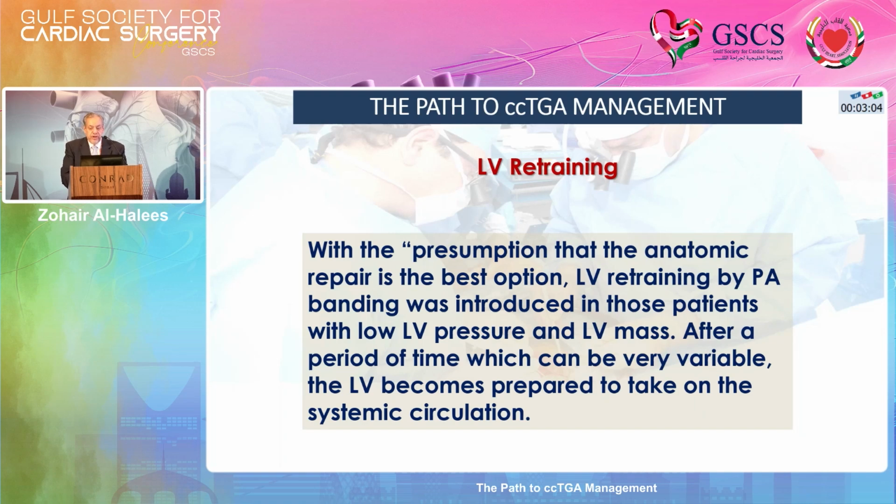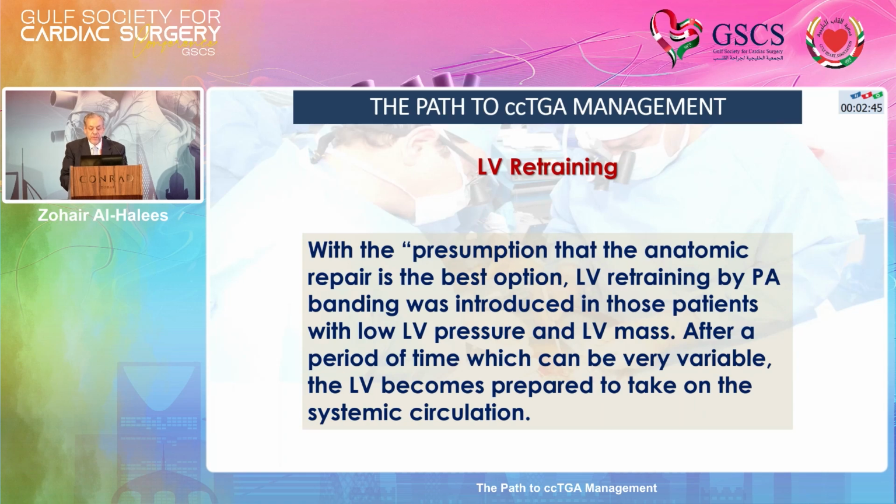Looking at the LV training, with the presumption that the anatomic repair is the best option, LV retraining by pulmonary artery banding was introduced in those patients with low LV pressure and LV mass. This same approach was used also in normal TGA.